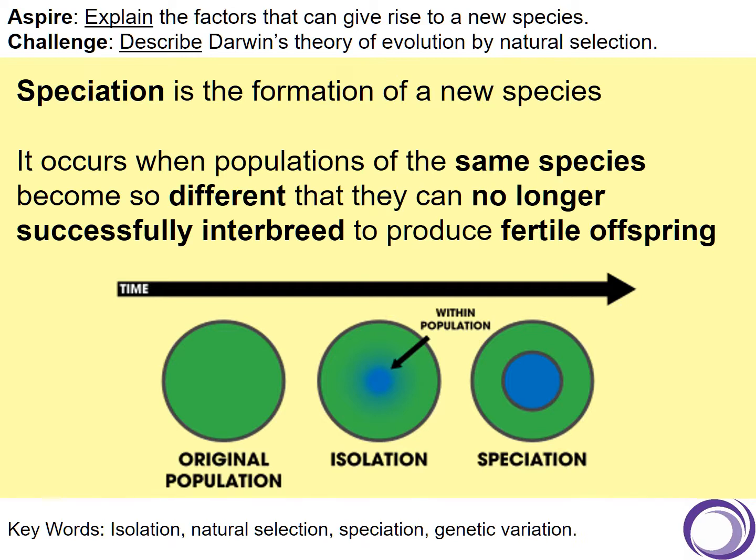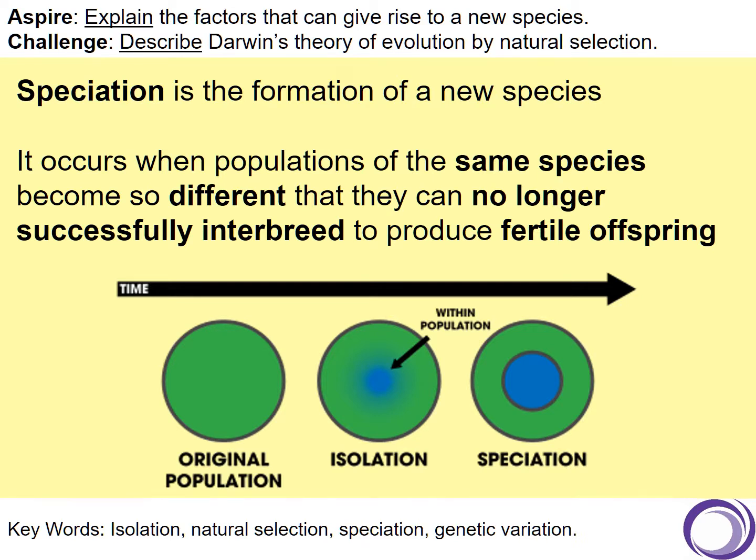Conditions can change, and those two groups can be exposed to different conditions, which can cause them to evolve in slightly different ways because they have different beneficial characteristics. And eventually, over generations and generations, those species would evolve so much that they could no longer be classed as the same species.